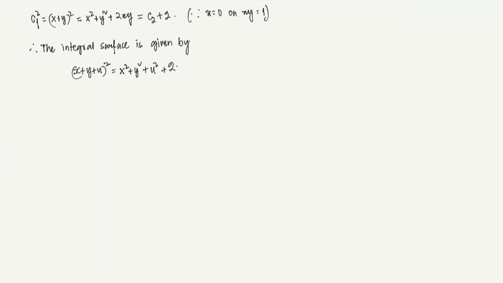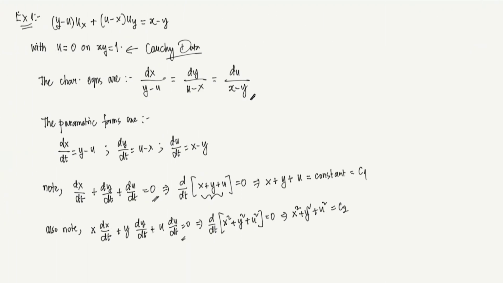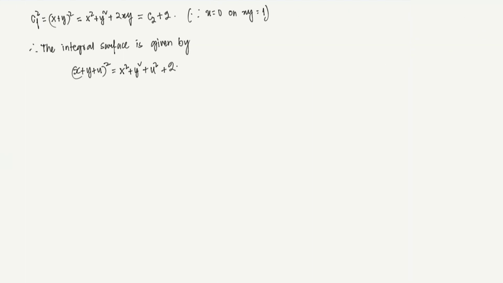Yes, I'm just putting together all of this. We have x plus y plus u is c1, x squared plus y squared plus u squared equals c2, and c1 squared equals c2 plus 2. So we just write all of them together: c1 is x plus y plus u, and so c1 squared equals c2, which is x squared plus y squared plus u squared, plus 2.